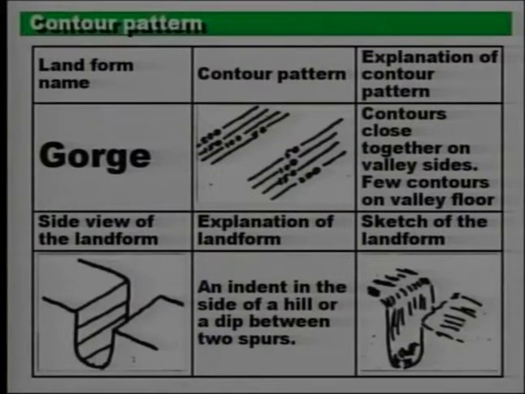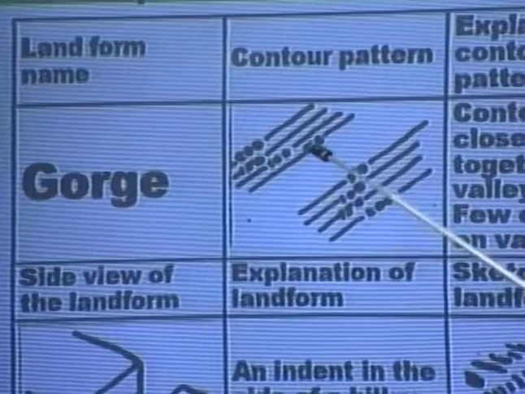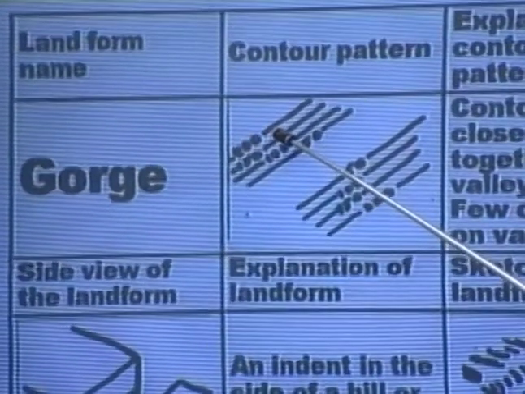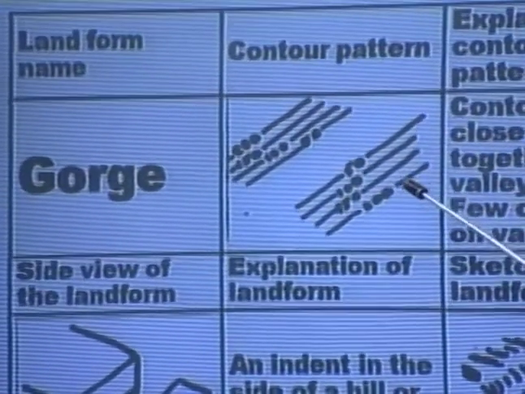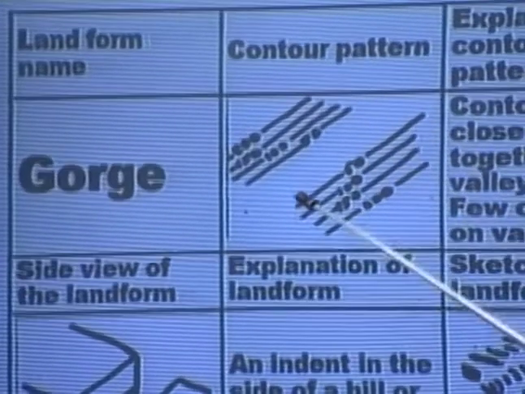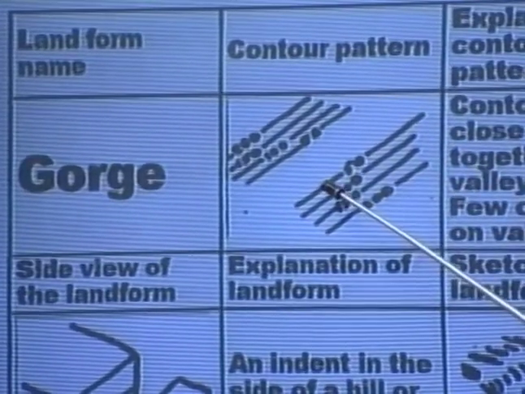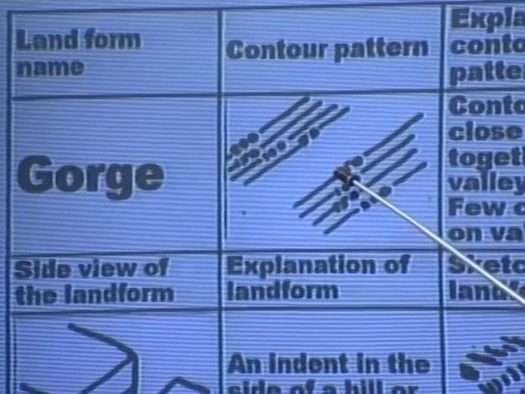When we look at a gorge, the contour pattern that will represent a gorge would be one that has the contour lines close together on one side of the feature, similarly on the other side, and there is a gap in between those two sets of contour patterns.